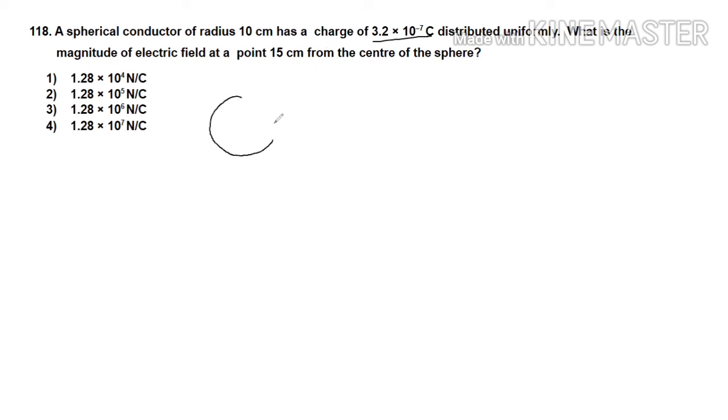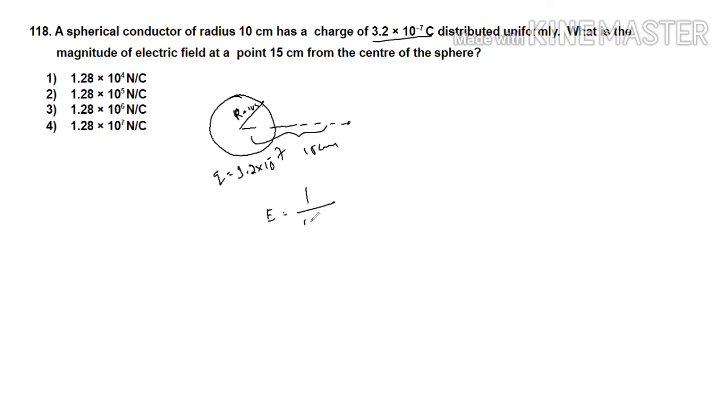Now this is a sphere of radius r equal to 10 centimeters, and a charge is given, 3.2 into 10 raised to minus 7. Magnitude of the electric field at a point at a distance of 15 centimeters they are asking.